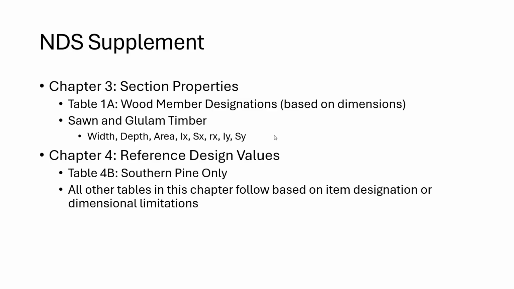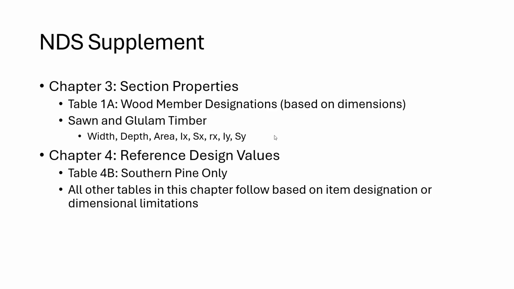So to mention the reference design value table, table 4B is southern pine only. So if you have a problem or you're designing something that is not southern pine, then you can use table 4A.